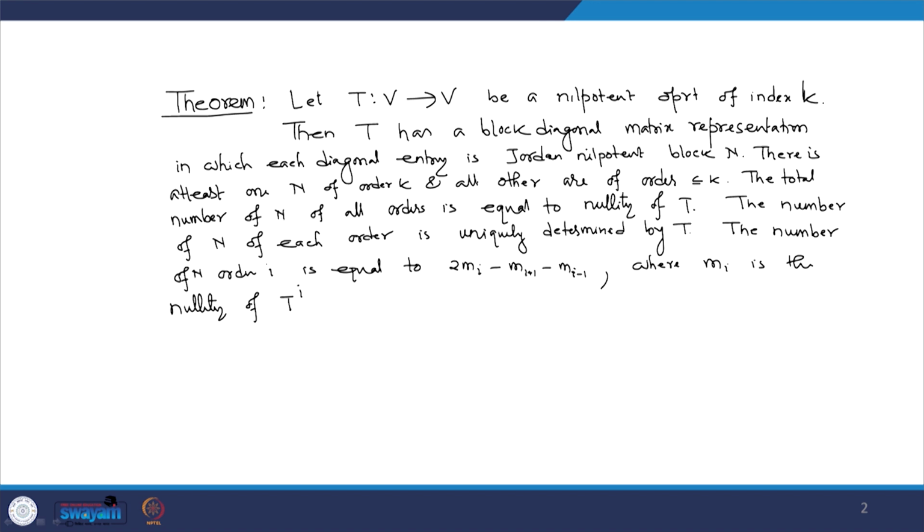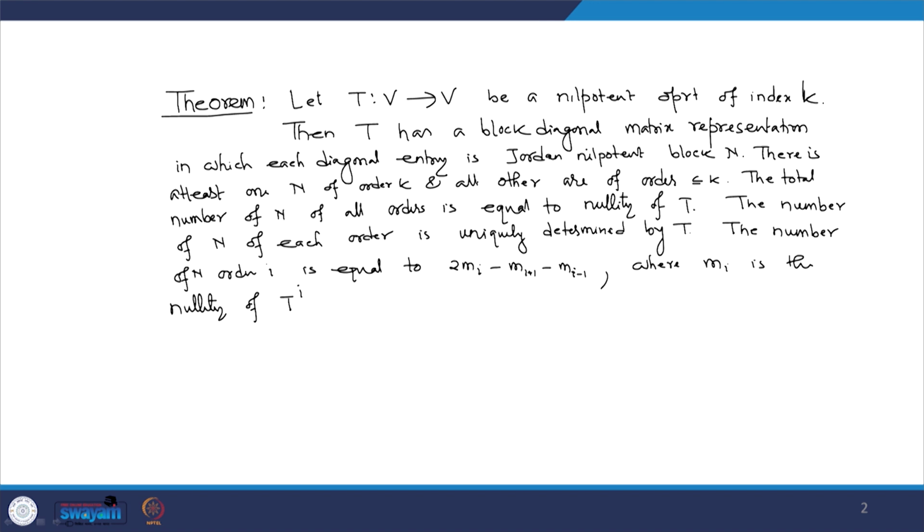In that block diagonal matrix representation, there will be at least one Jordan nilpotent block of order k, since if the block has index k, it also has to be of order k, and all other blocks will be of order less than or equal to k.